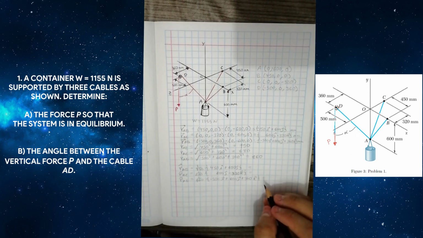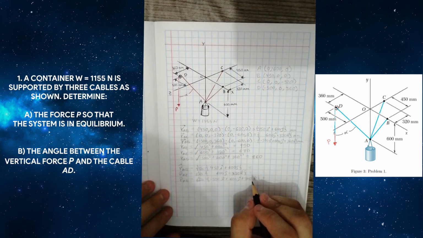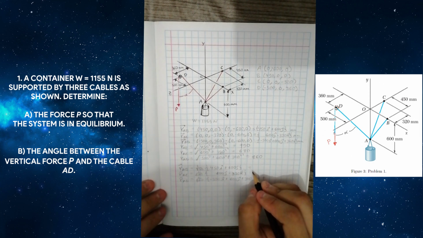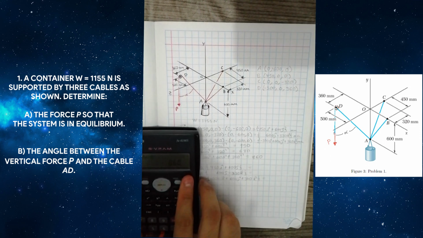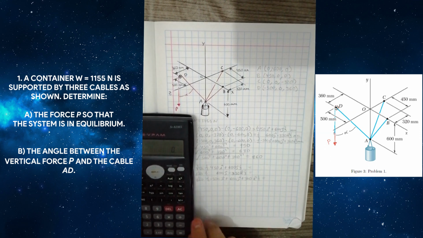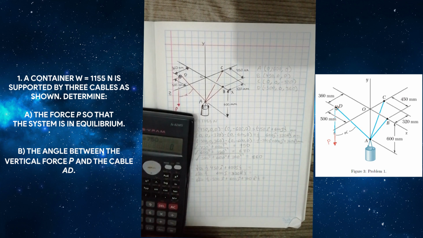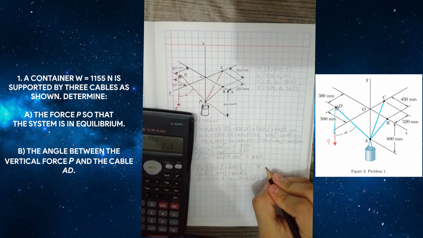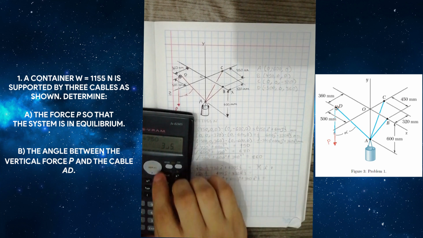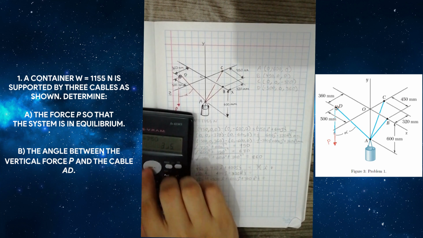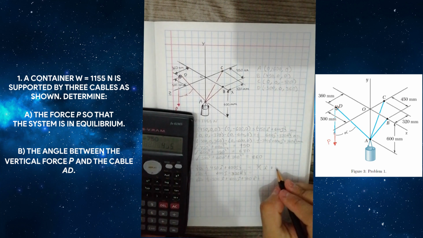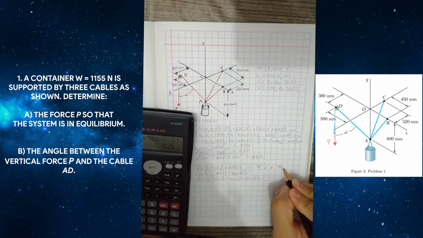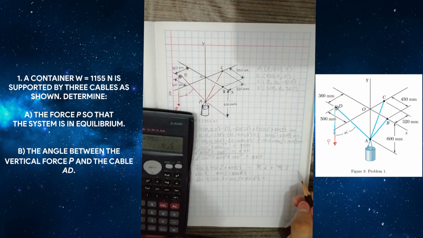And the results are, for the first, 450 over 750, 3 over 5 i plus 4 over 5 j.